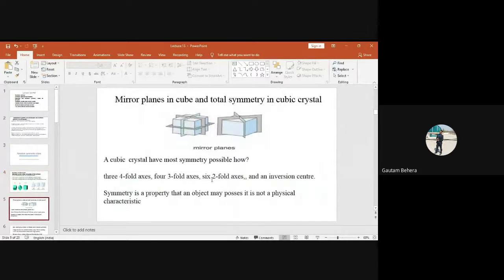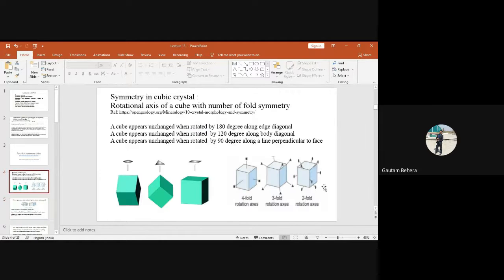And here it is written 6 two-fold axes. So this is the two-fold one. Just have a look at how it will be 6. Can anybody tell me quickly how this will be 6 two-fold? See, this axis is chosen like this.